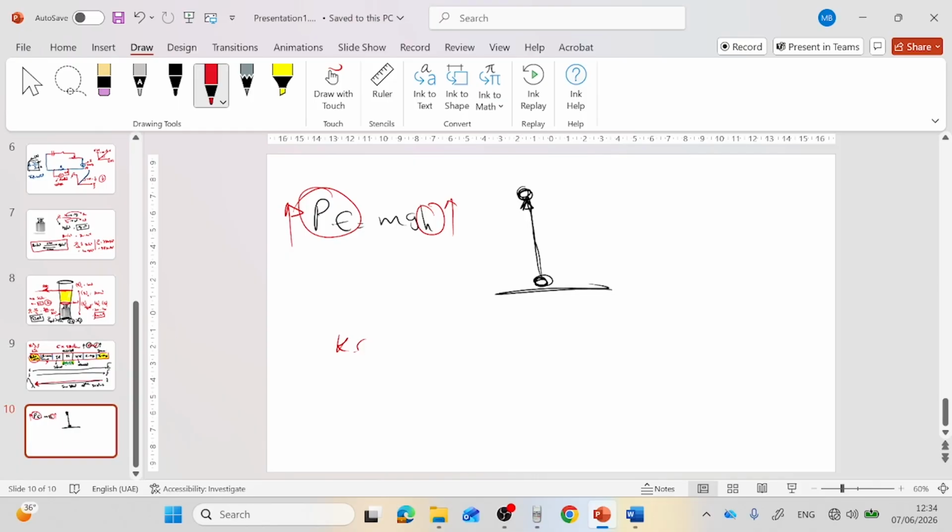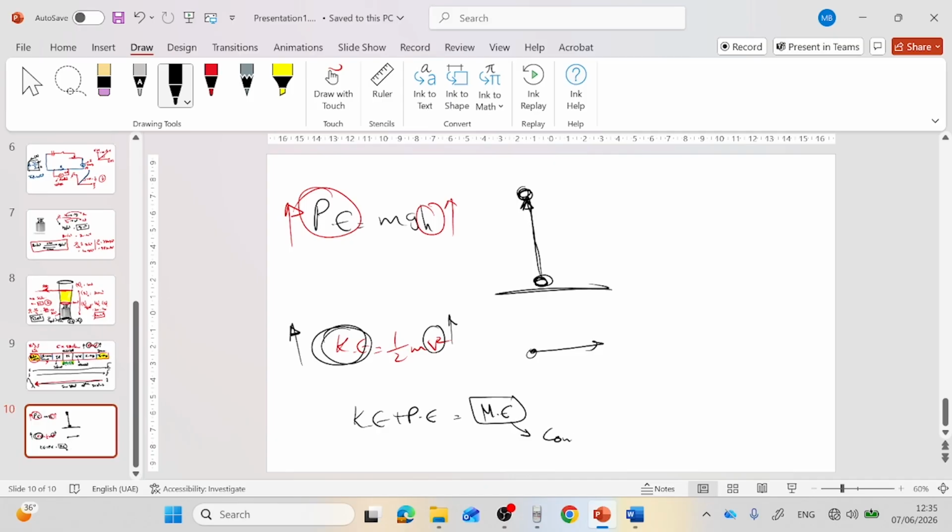But also we have kinetic energy, which is equal to half mv squared. As you can see, as the velocity of the object increases, the energy stored in this object due to its motion increases. And the sum of the kinetic energy and the potential energy of the object is called the mechanical energy of the object, which is constant if we have a closed system.